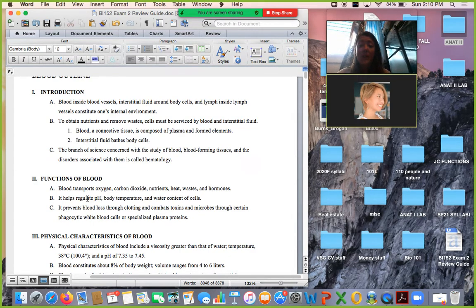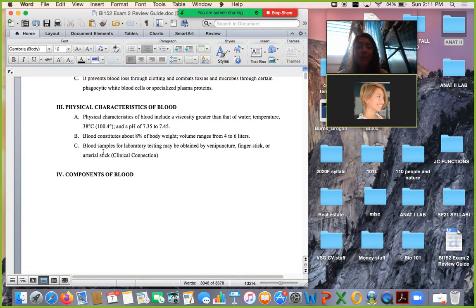Its job is to regulate the pH of the body, the temperature of the body, the water content of the cells, etc. So its job basically is to maintain homeostasis. But it also is going to have phagocytotic ability, which means that it's able to attack invading foreign things like microbes or bacteria. And it's also going to have its own clotting mechanism whereby it's able to prevent its own loss when we cut ourselves.